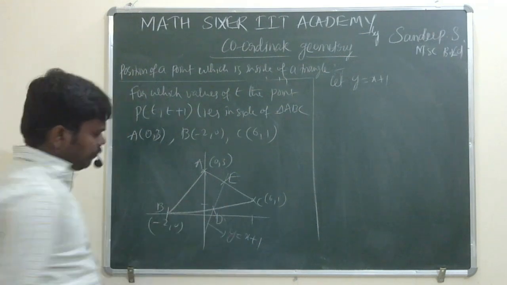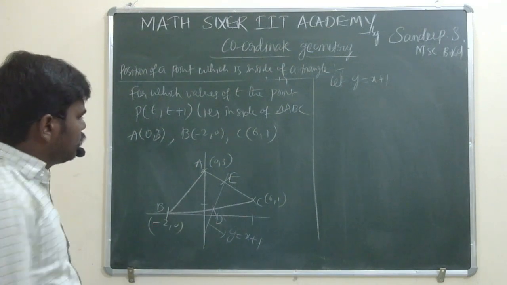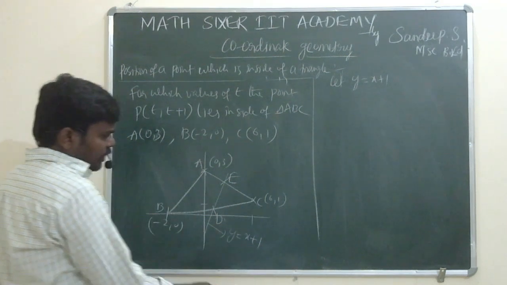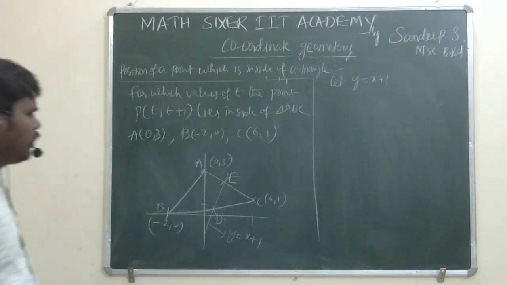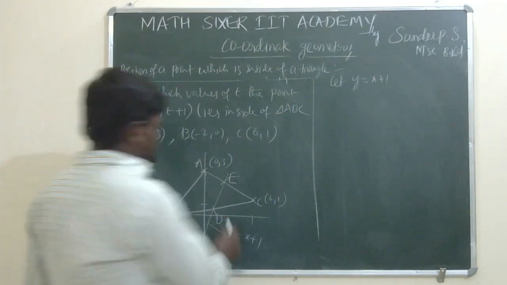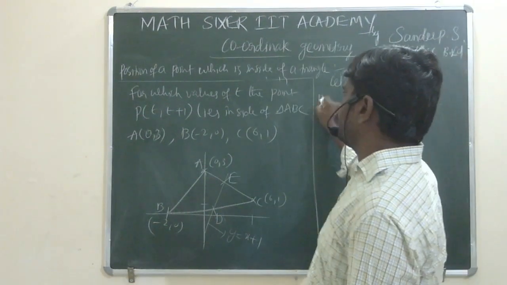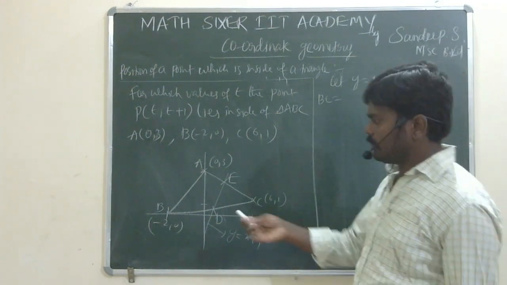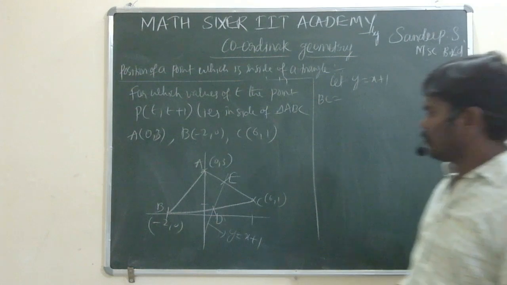So for D and E, we have to solve this equation y equals x plus 1 with the equation of BC and also with the equation of AC. First let us find the BC equation. In the last video I showed how to find equations.